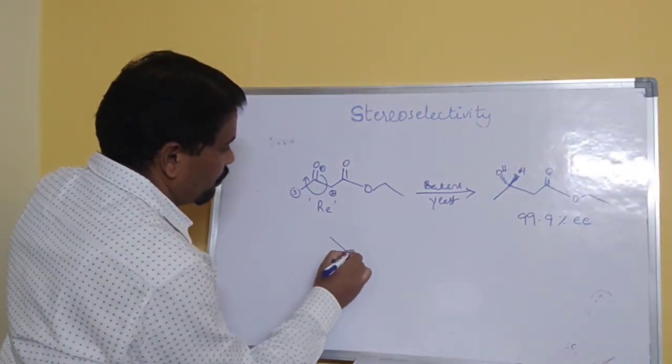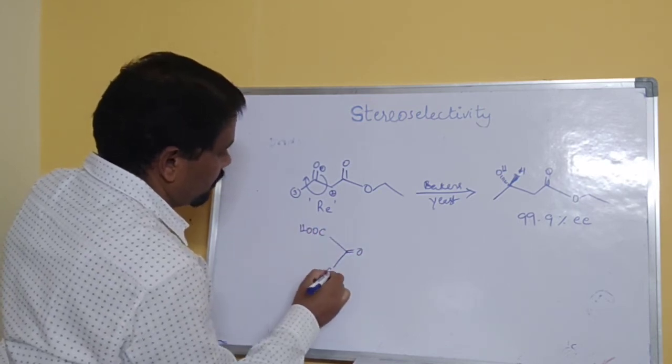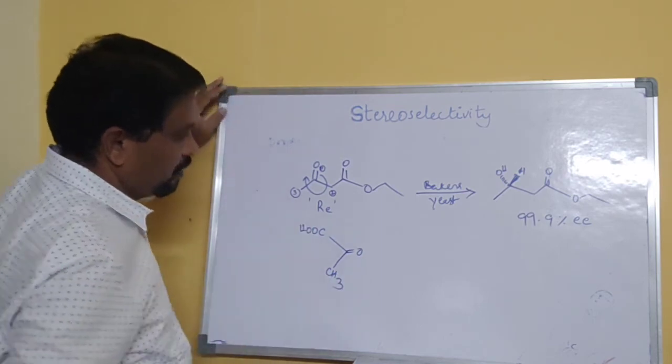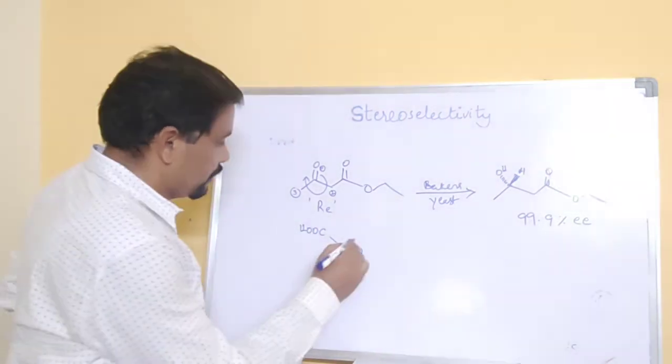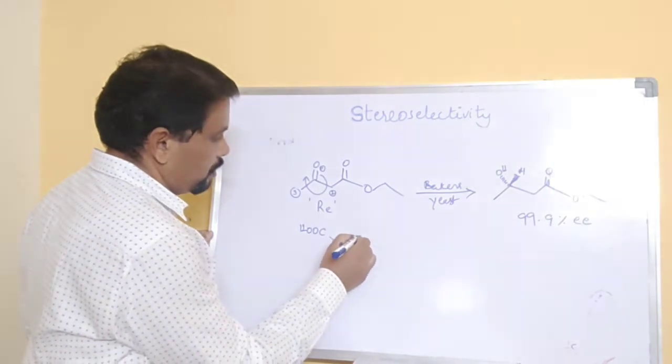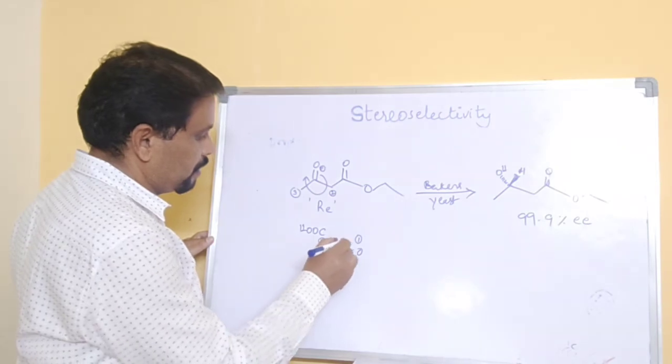Another example I would like to give you is this acid, CH3. What is the face in this? Suppose this is the first priority, second priority, and this is the third priority.